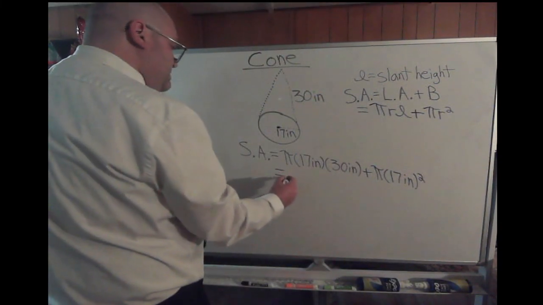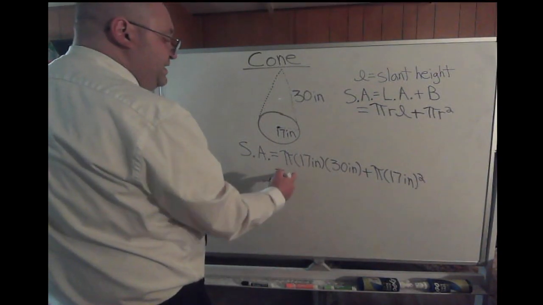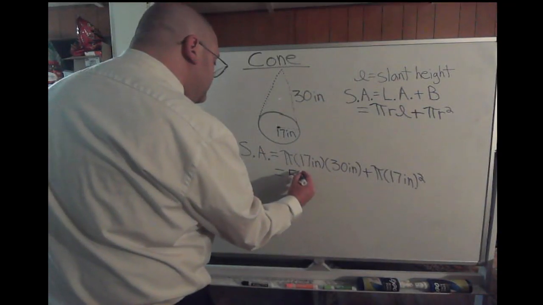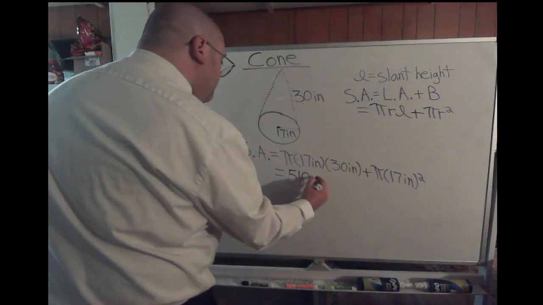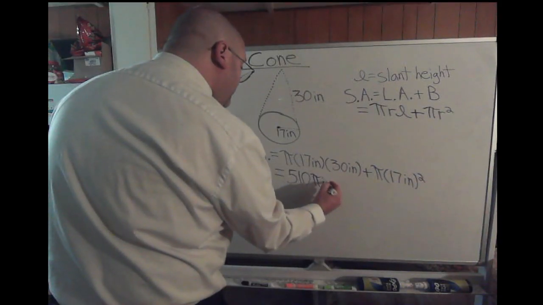So let's do the first term. We'll treat pi like a variable. We'll do 17 times 30. That'd be 510 pi. Inches times inches, that's square inches.